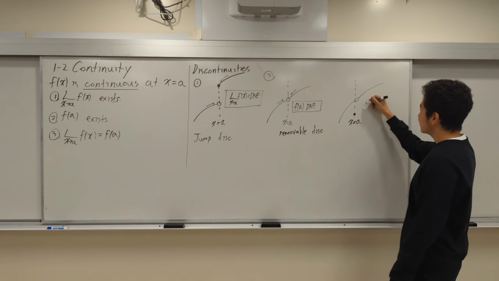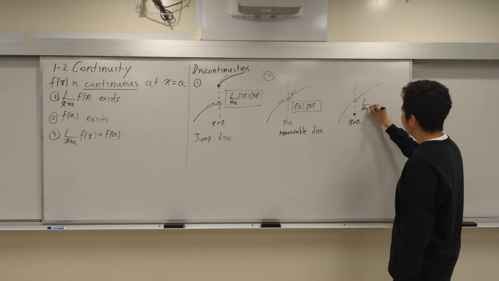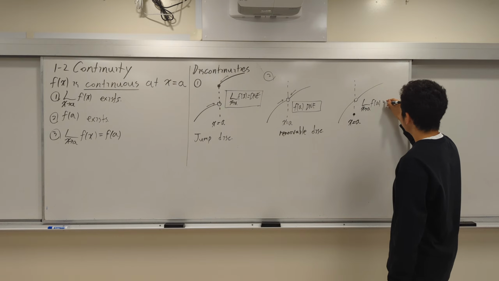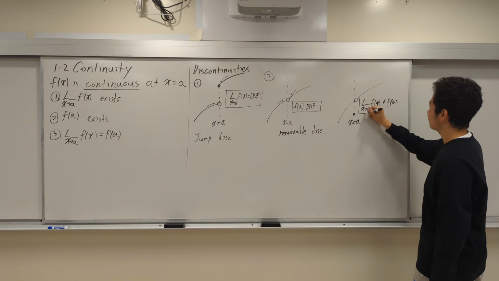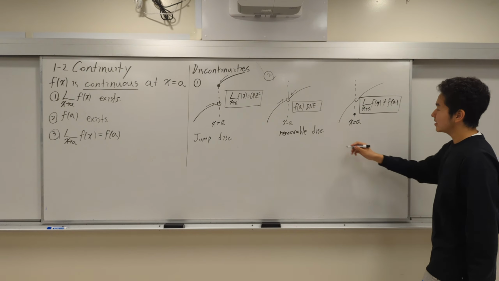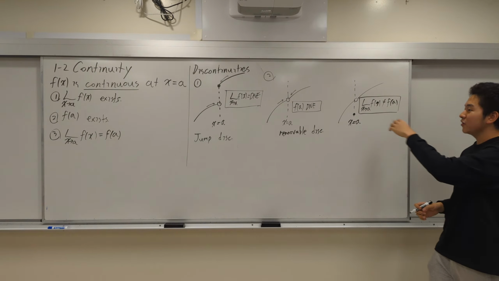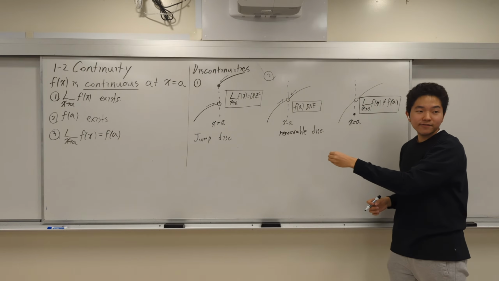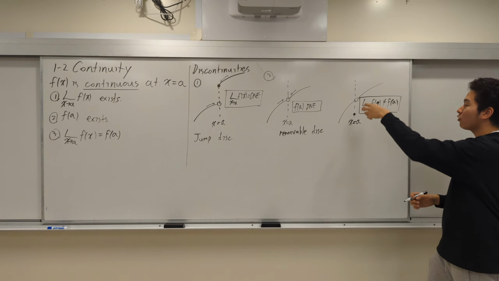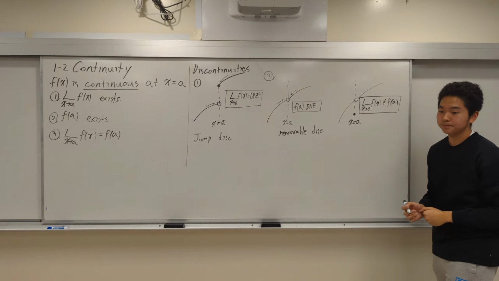No. So the limit does not equal the function value. Oh, the limit of f of x does not equal f of a. So this is the reason why, and this is another example of a removable discontinuity. So you just remove the single point of a function. You either remove it entirely or you redefine it somewhere else.